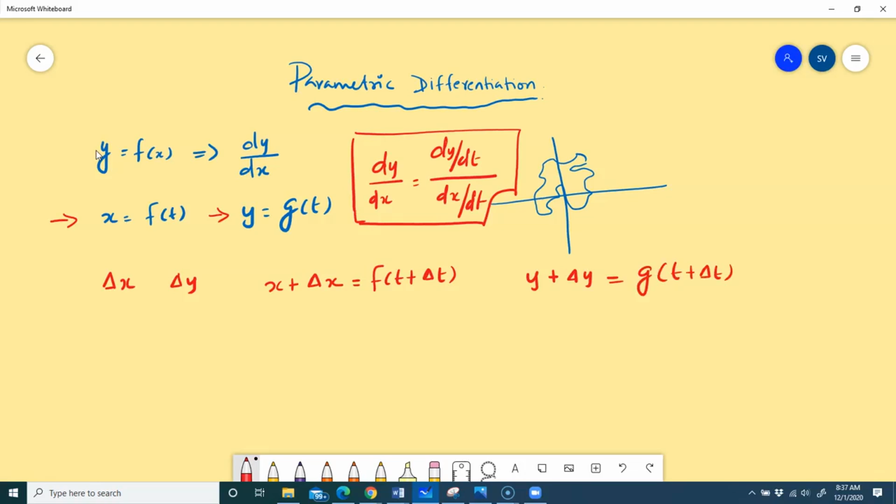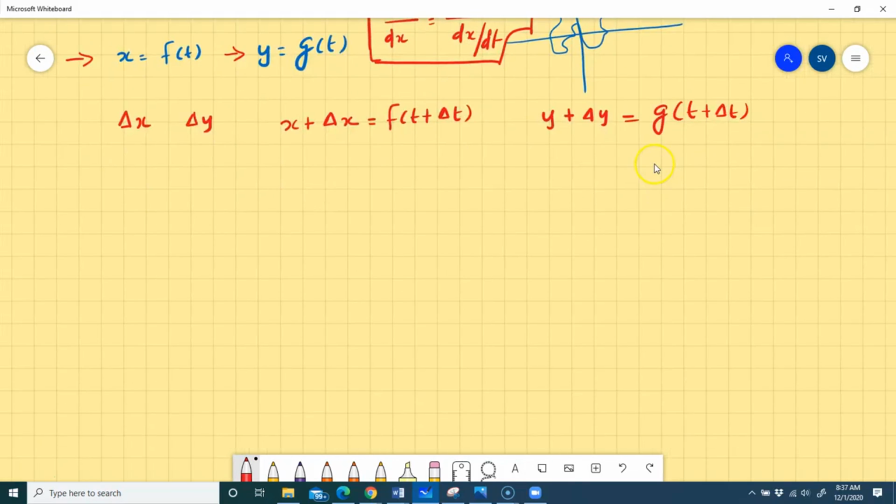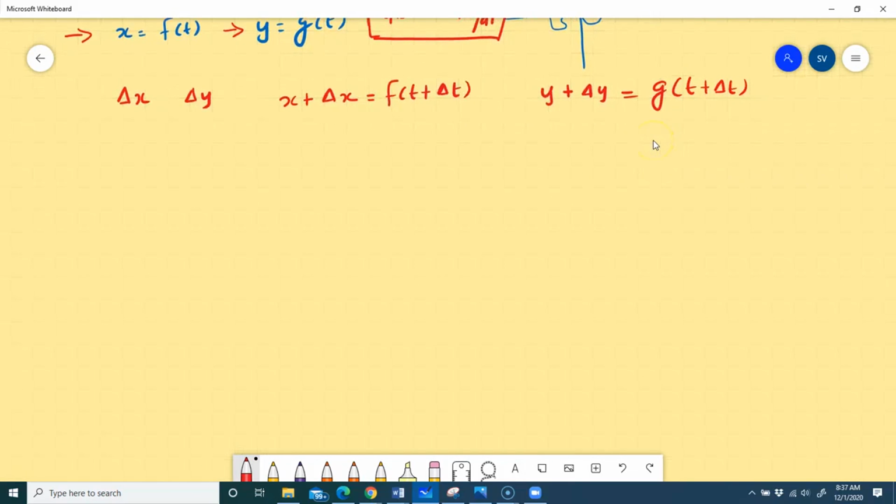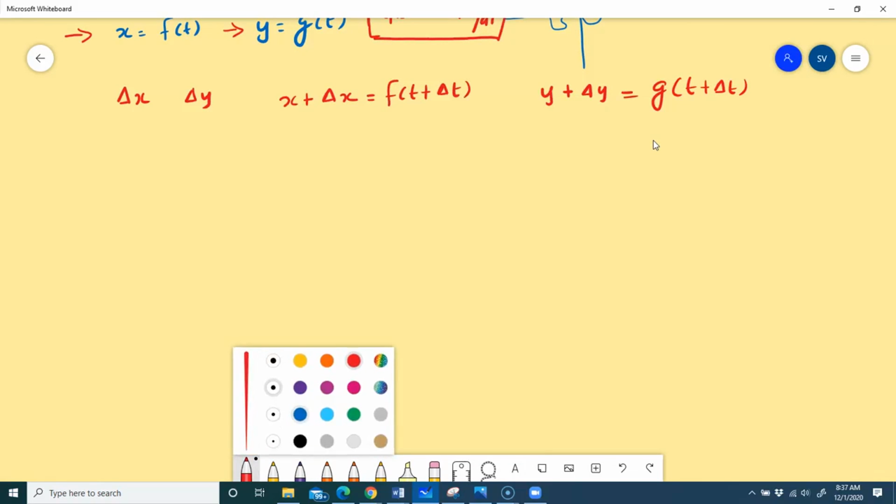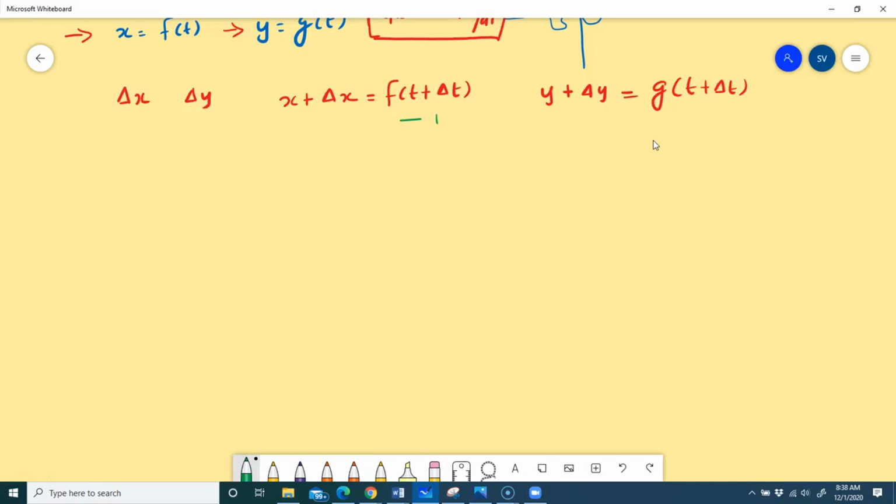So our equations changed into another form. From this point we can start our proof. Now we have x plus delta x and y plus delta y. From this point we can figure out what is delta x and delta y. So consider this as equation 1 and this as equation 2.